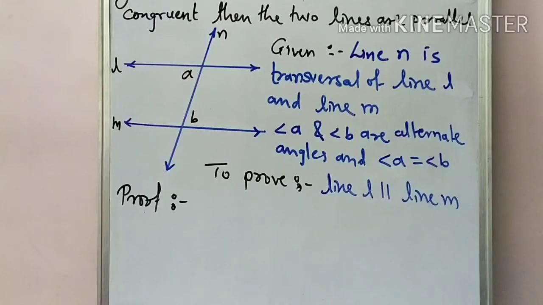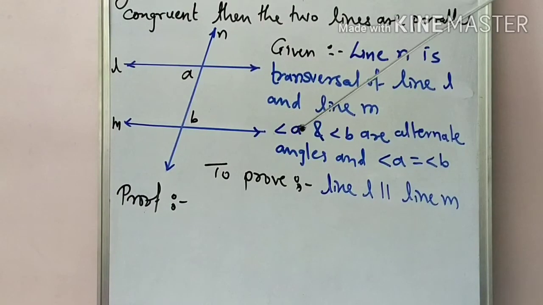Here I draw two lines, line L and line M, and line N is what? Transversal. Hence the given part is: line N is a transversal of line L and line M. It is also given that the alternate pair of angles is congruent.